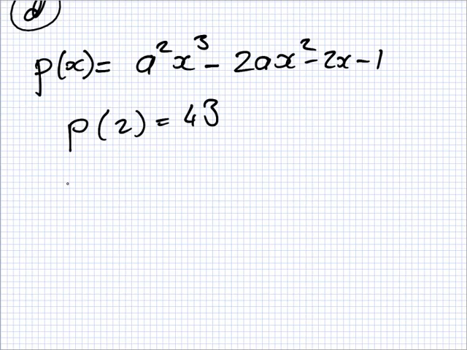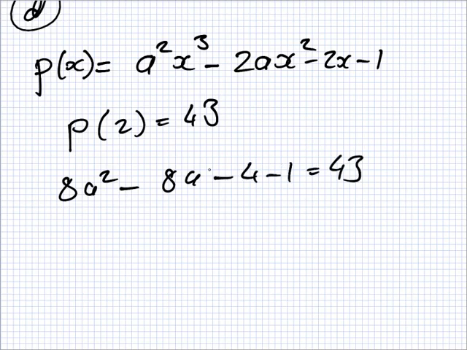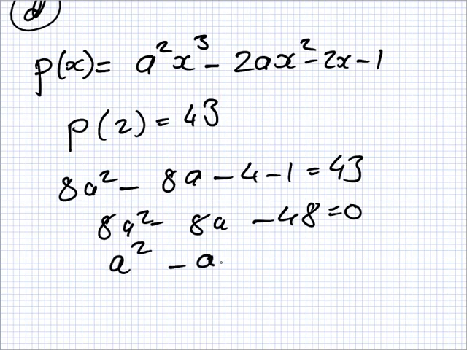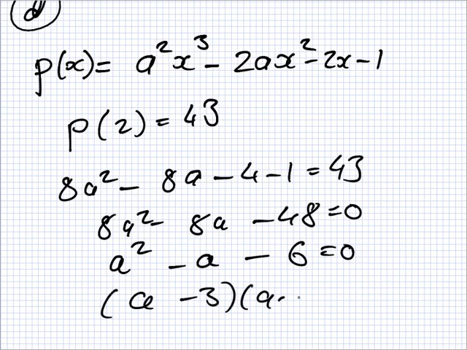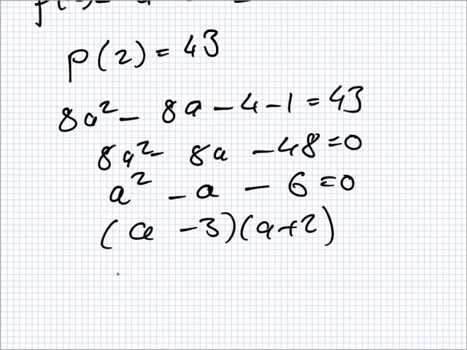So you have 8a squared minus 2 squared is 4 minus 8a minus 4 minus 1 equals 43. 8a squared minus 8a minus 5 minus 48 equals 0. Divide by 8. a squared minus a, what's it, 6, isn't it? Is that right? (a minus 3)(a plus 2). I get 2 answers. Are the answers minus 2 or 3?